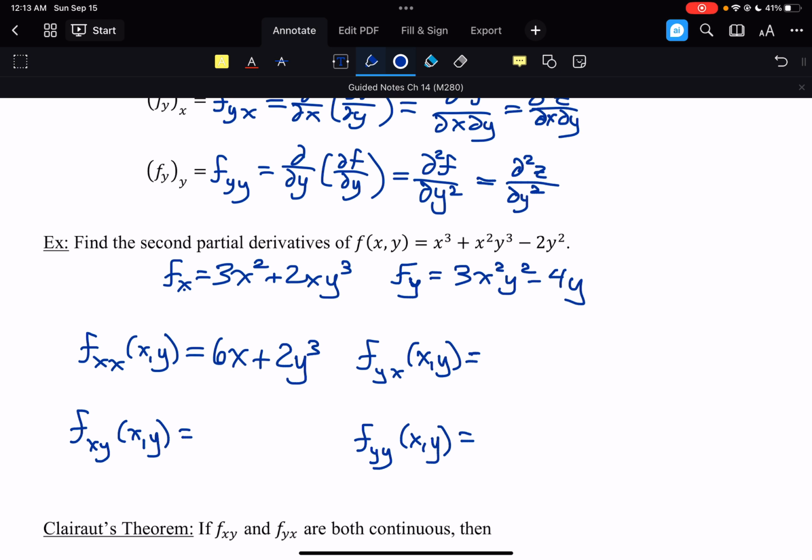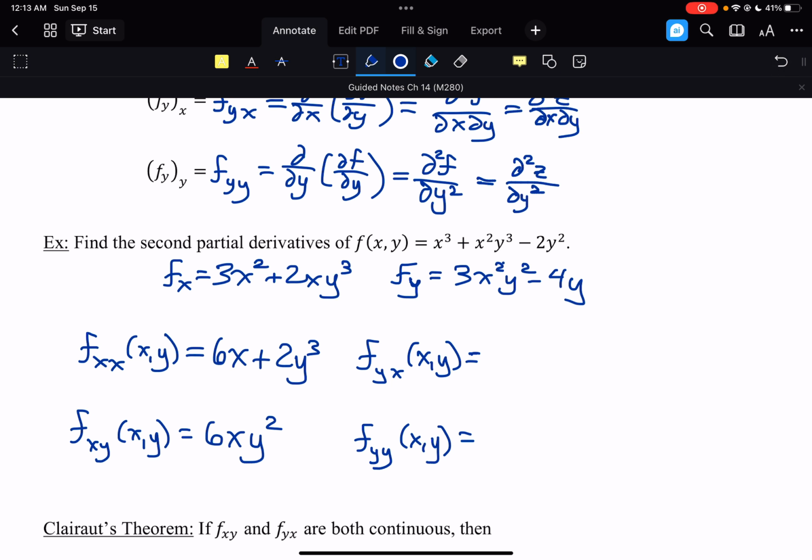fxy, so we go again to fx. Now take its partial with respect to y. So that's a 0. This, we bring down the 3 and subtract, so we get just 6xy squared. Then over here, fyx, so now we're moving on to fy, and we're going to take its partial derivative with respect to x now.